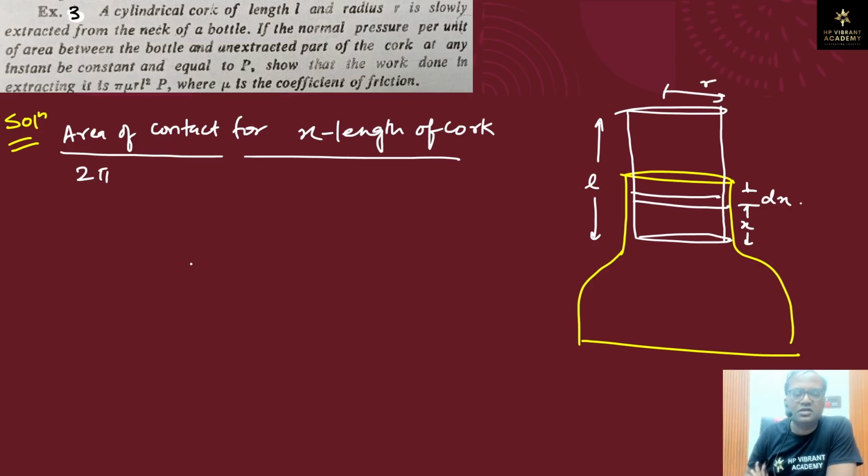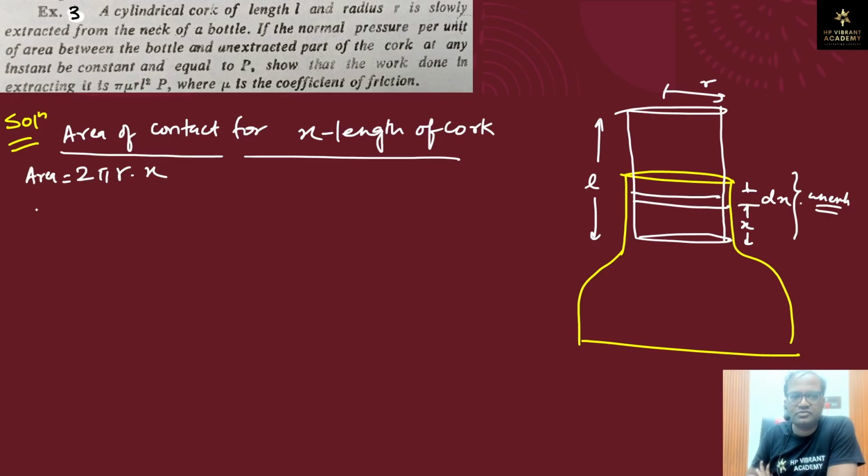Let us read this. The cylindrical cork of length L and radius r is slowly extracted from the neck of a bottle. If the normal pressure per unit area between the bottle and the unextracted part of the cork at any instant is constant and equal to P, then the work done in extracting it is pi mu r L square P, where mu is the coefficient of friction. The area of contact for x length of the cork is 2 pi r into x. This is the area of contact.